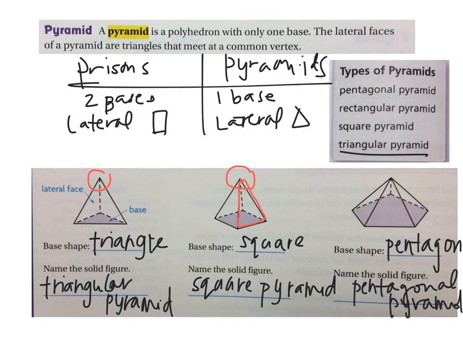She knows that the lateral faces are triangles in the pyramid, but in the prism they're rectangles. Yeah. And also, all the lateral faces of a pyramid meet at one vertex. In the prisms, do the lateral faces meet at a vertex? No, they do not. They go to the other base.